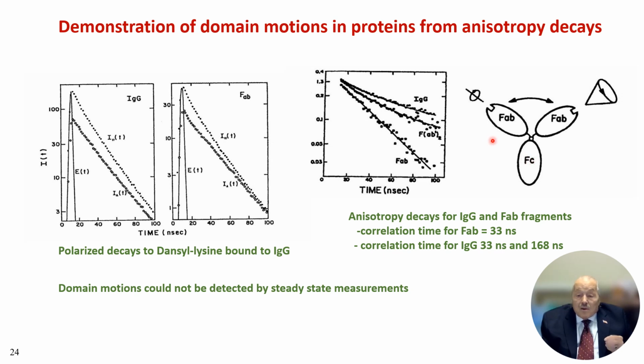And when you look at the anisotropy decays of the FAB units with the dansyl lysine in the binding site, you find that the two decays come together much more quickly, meaning the anisotropy decay is more rapid. The calculated anisotropy decays are shown over here.